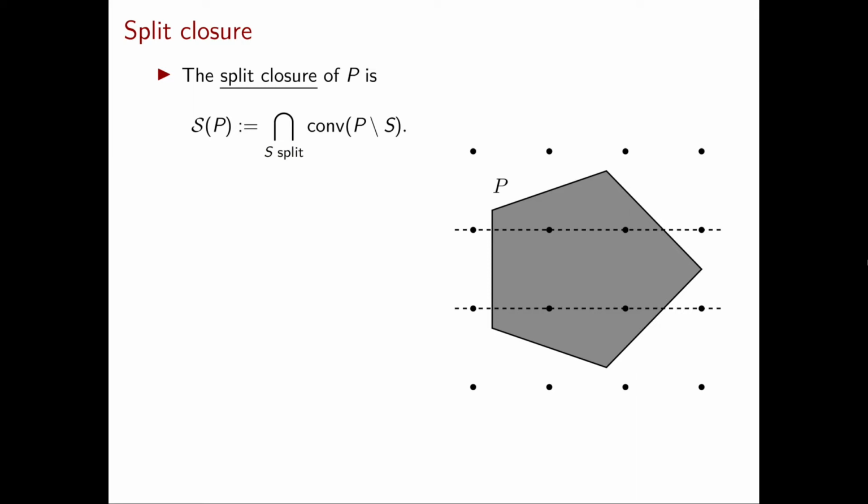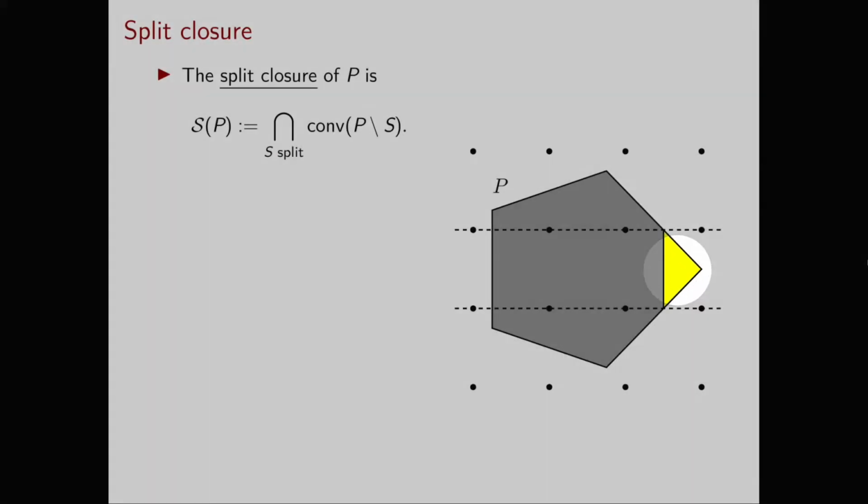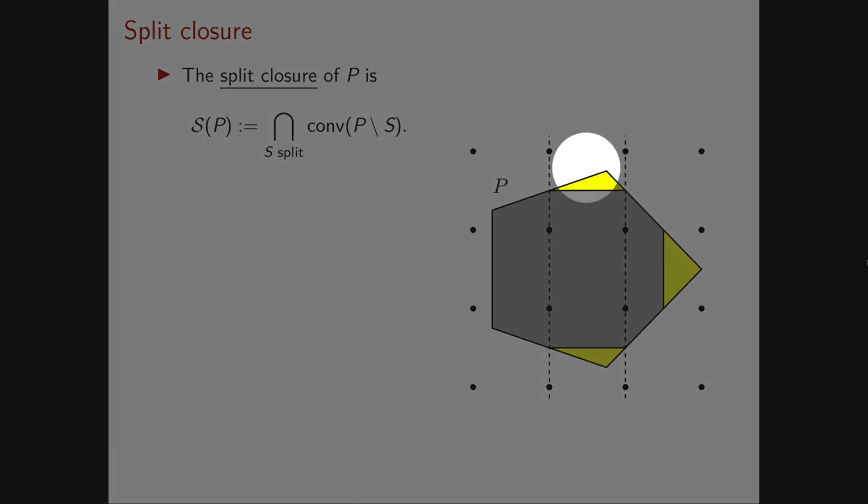Here we have our P, and we have already seen that if we pick this horizontal split, then the convex hull of P minus S is this darker region here, so essentially we're chopping off this yellow region from P. But let's now try to pick instead this vertical split. In this case, the corresponding split inequalities allow us to get rid of this small triangle and this small triangle. And I'm leaving the yellow region just to remember what P originally was.